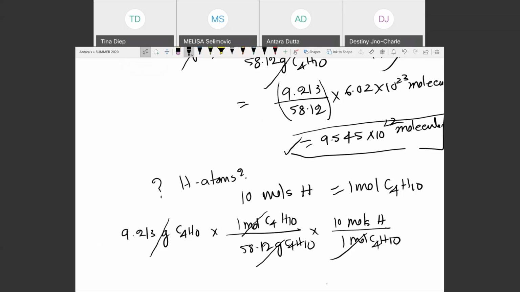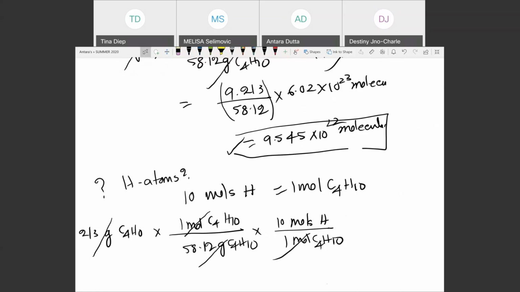So you get the moles of hydrogen from moles of C4H10. This is the point you apply it, because you have to know how many moles of one element are present in the moles of the compound. And then you continue.